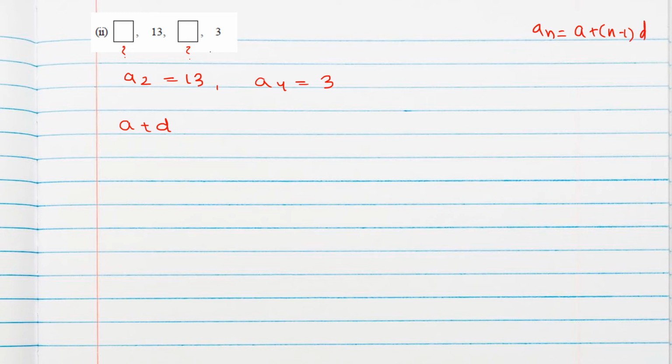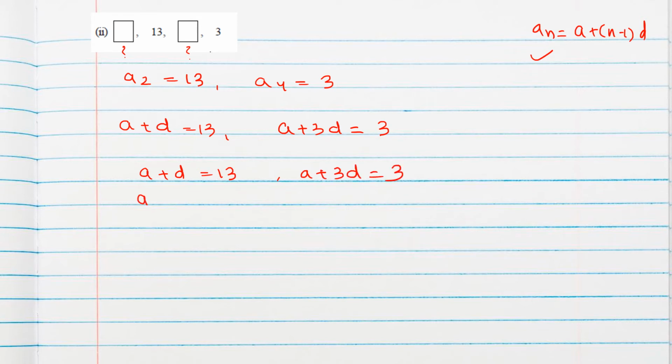So if you substitute 2, A2 is equal to a plus (2 minus 1)d, that is a plus d will come. Okay. And here A4, that is a plus 3d, isn't it? Using the same formula, is 3. Now a plus d you have as 13 and a plus 3d as 3.